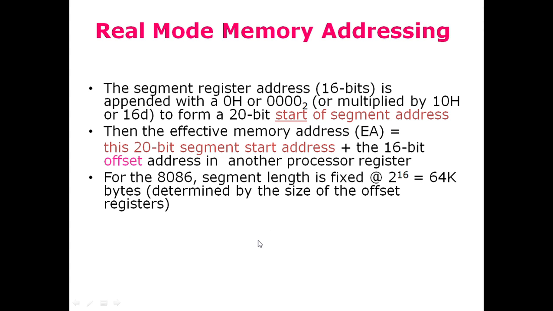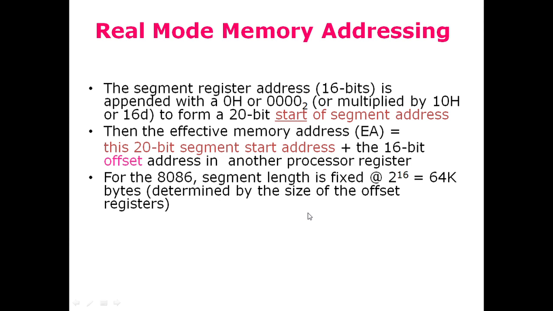For the 8086 microprocessor, the segment length is fixed at 64 kilobytes. The reason it is 64 kilobytes is that the offset address is 16 bits, and 2 raised to the power 16 is equal to 64 kilobytes. The same principle goes for the 8088 microprocessor as well.